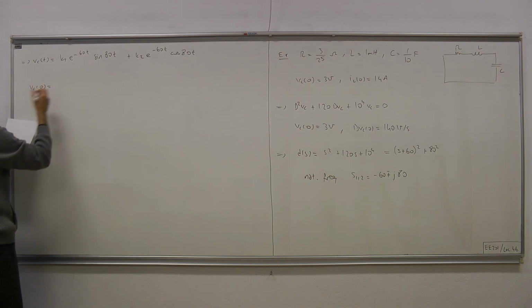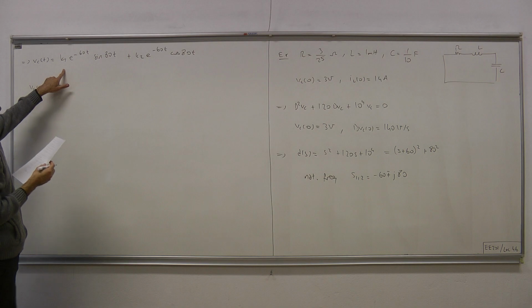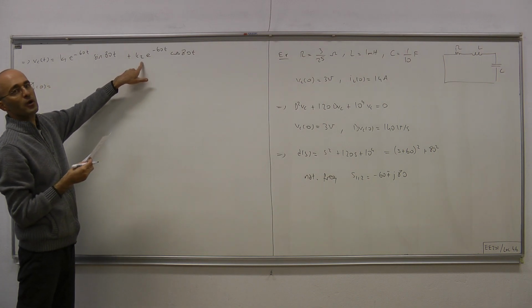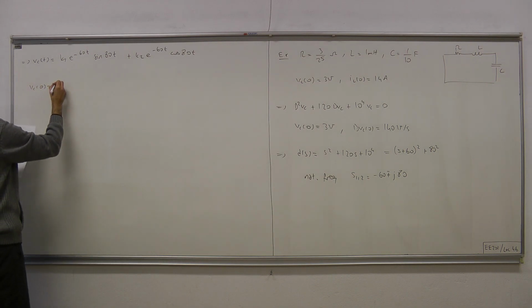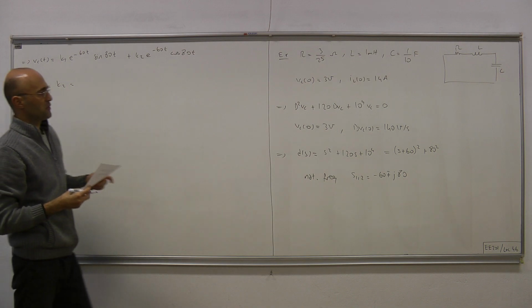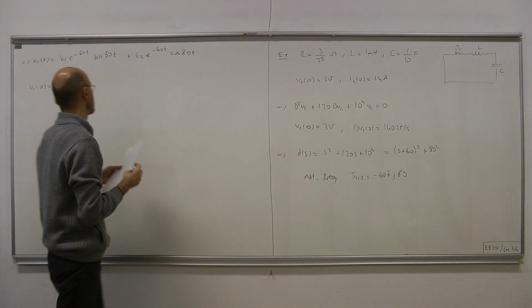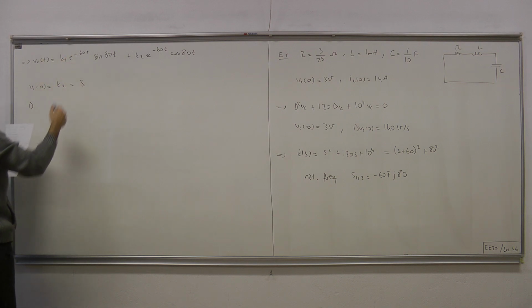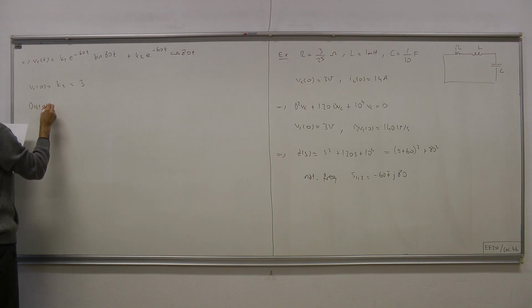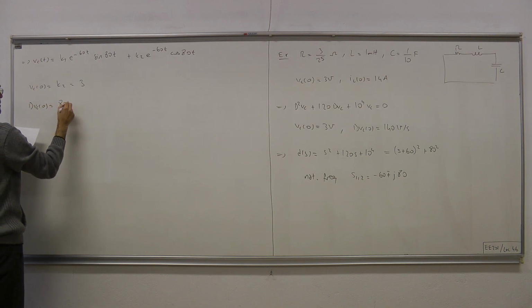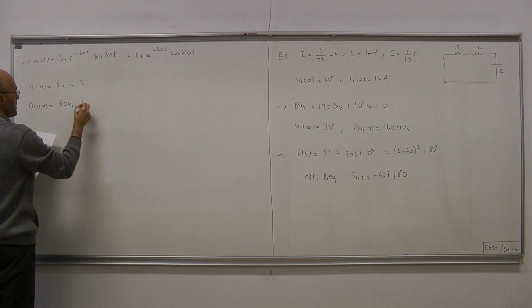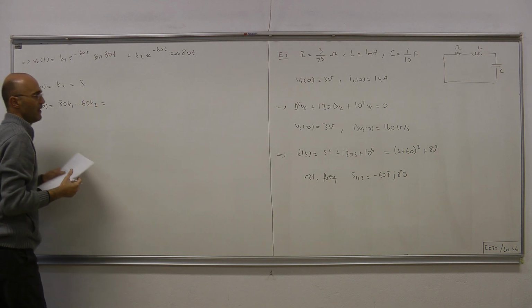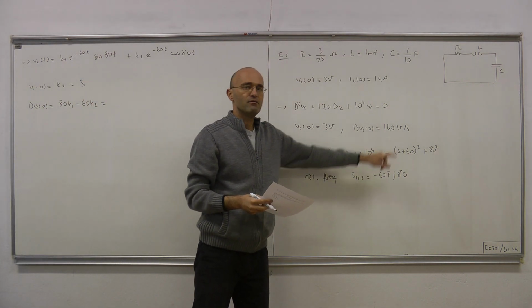Vc(0) equals, okay, plug in t equals 0, the sine term disappears, and what you have is k2. Okay, and that must equal 3. Then differentiate this, and then plug in t equals 0. Then dVc(0) is 80 k1 minus 60 k2, and that must equal 140.